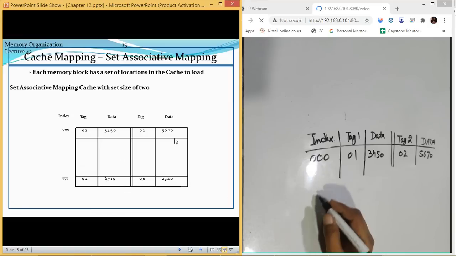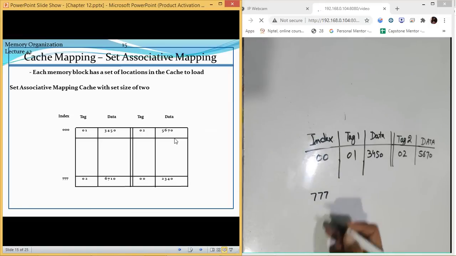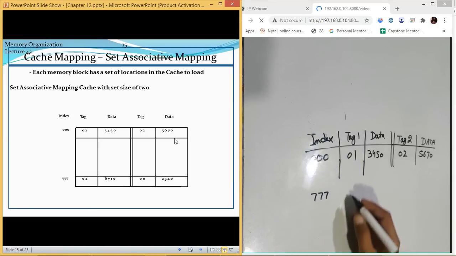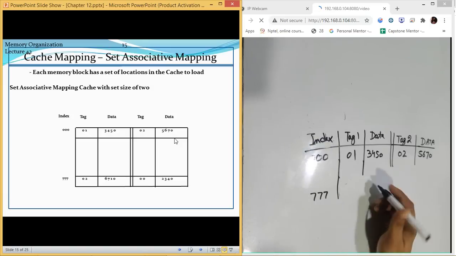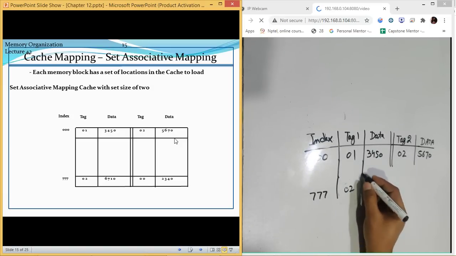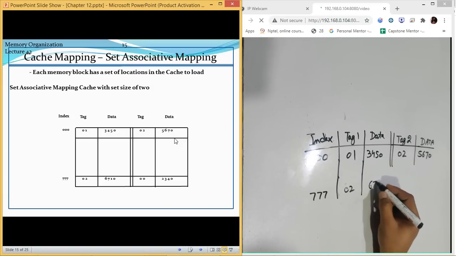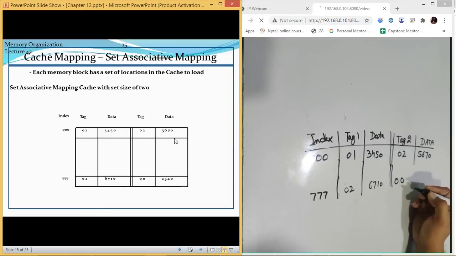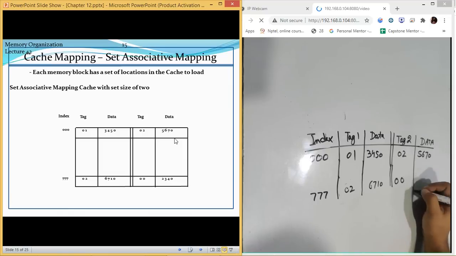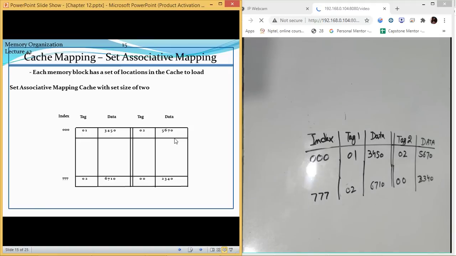Then there is another example in which the index is 777 and the data is 6710. So tag is 02, data is 6710, tag is 00 and data is 2340. So this is the total storage which they are using.